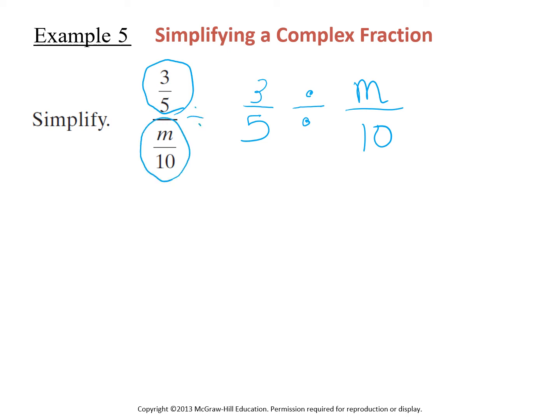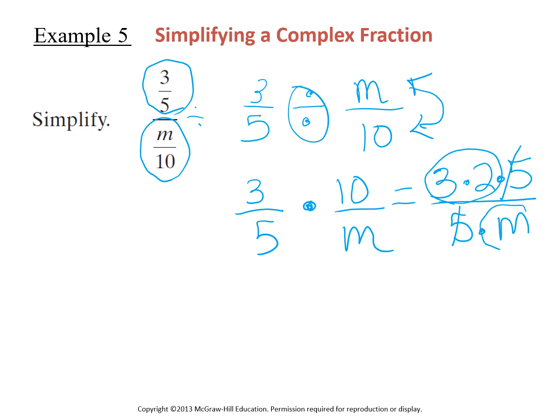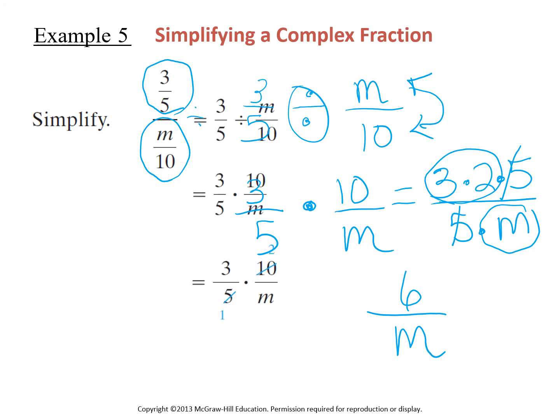So we're going to keep the first fraction, change division to multiplication, take the reciprocal or flip the second fraction, and we're going to multiply across the numerators and across the denominators, and I'm dividing out common factors, leaving me with 6 in the numerator and m in the denominator, 6 over m.